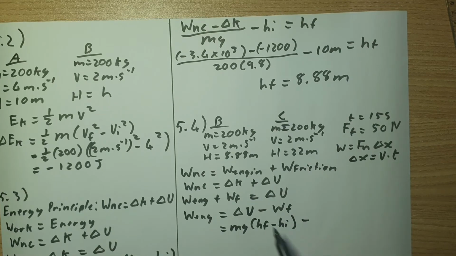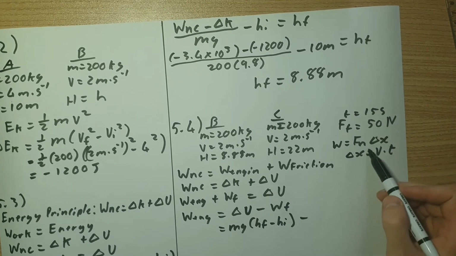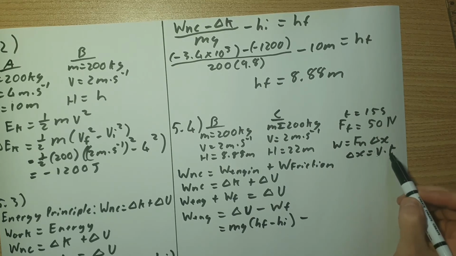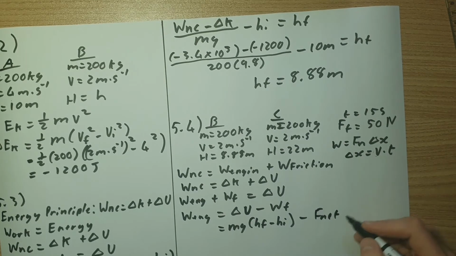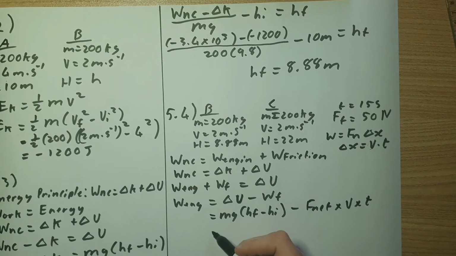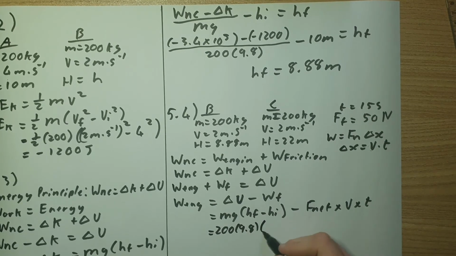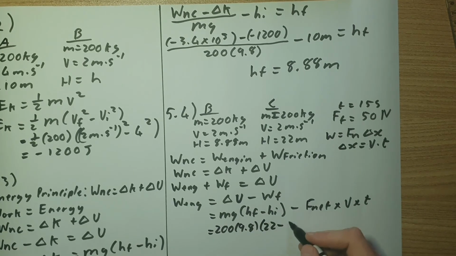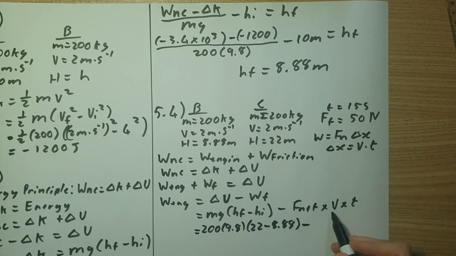But now remember, work of the frictional force is going to be the net force, 50 newtons, multiplied by the velocity and the time. So that's going to be F net multiplied by the velocity multiplied by time. So now if we substitute everything in, we're going to get 200 times 9.8, times h final, which is 22, minus h initial, which was 8.88, minus then everything that's given here.